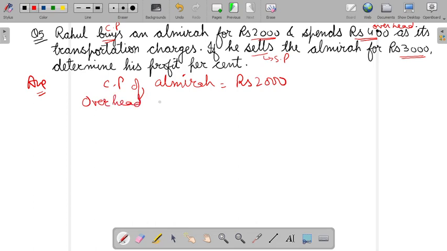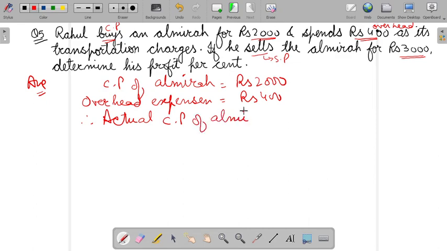Overhead expenses equal rupees 400. So therefore, what should the actual cost price of the almirah be? You have to add them together.